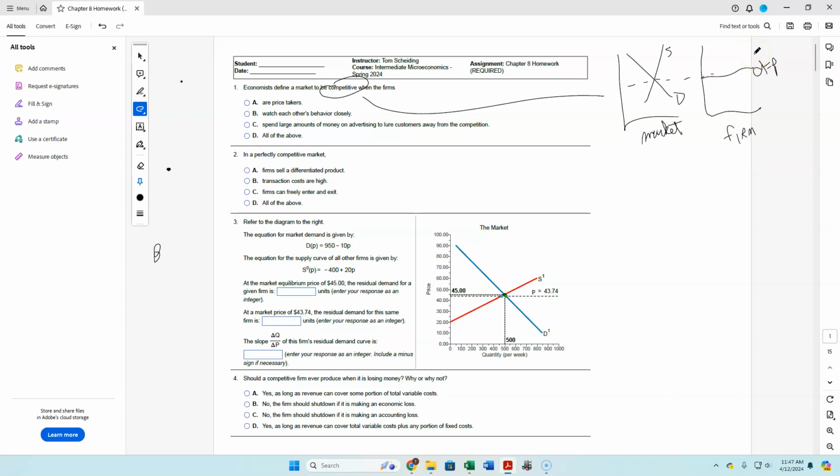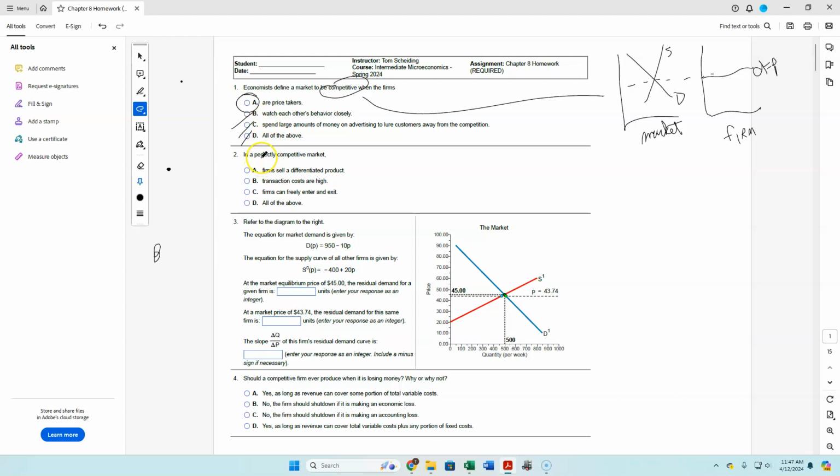That's supposed to be a straight line, which in essence gives us our price takers. If you're perfectly competitive, you don't care what your other competitors are doing, and you certainly don't advertise because your product is homogeneous, which then makes D obviously not relevant.